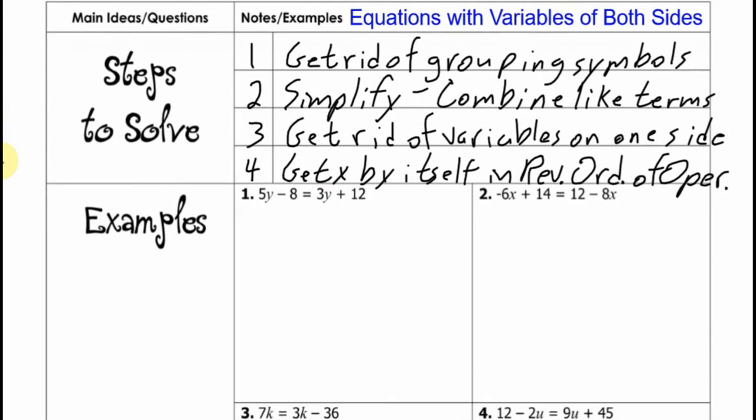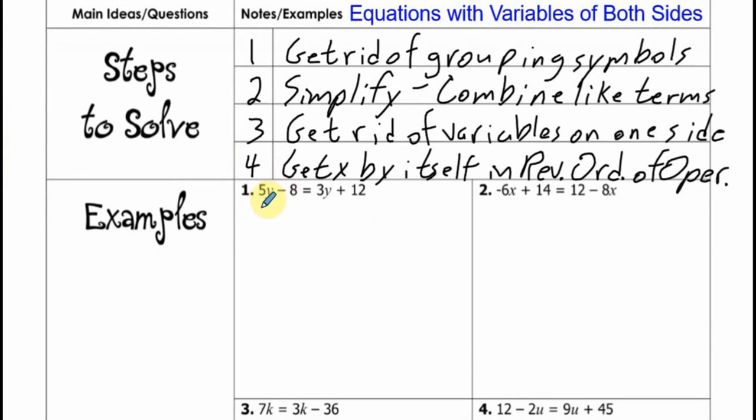So going down to number 1. So we're starting off a little bit easy. All right, we're not going to have a whole lot of stuff to do. There's no grouping symbols. There's no parentheses. There's no like terms. If I look at the left side, all I have is 5y minus 8.